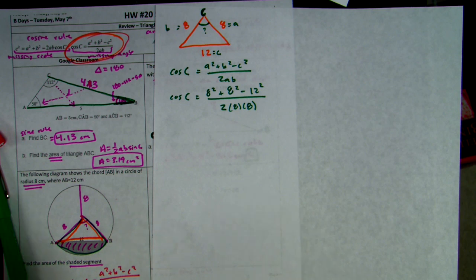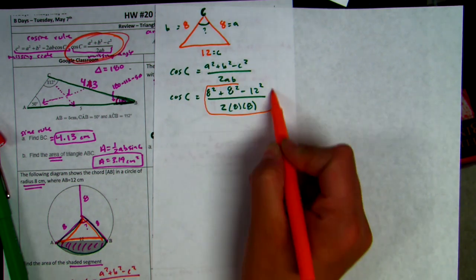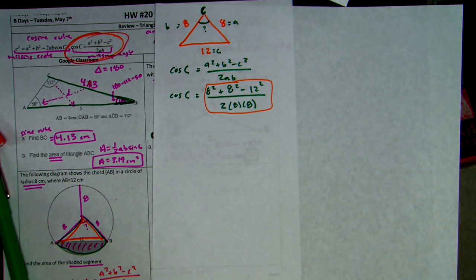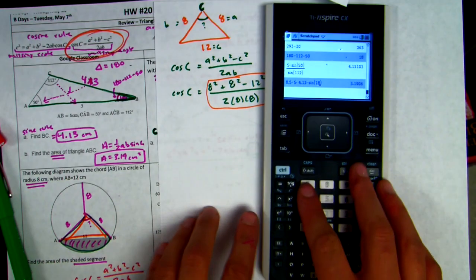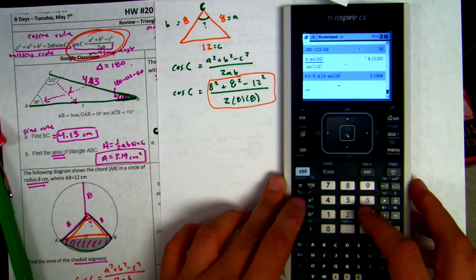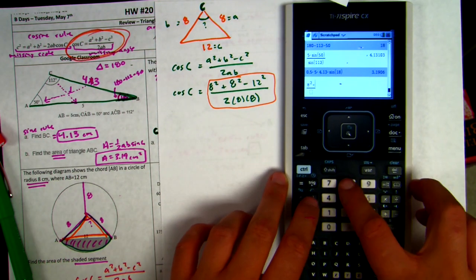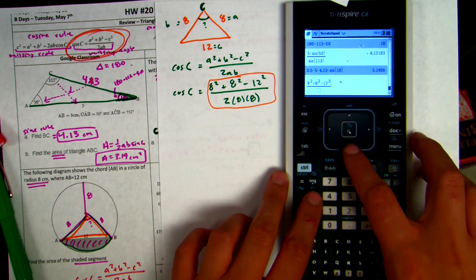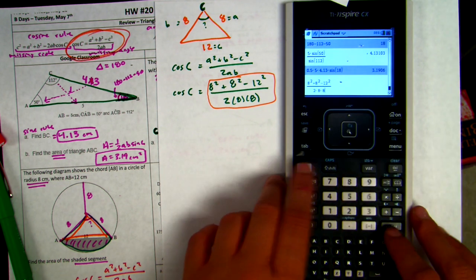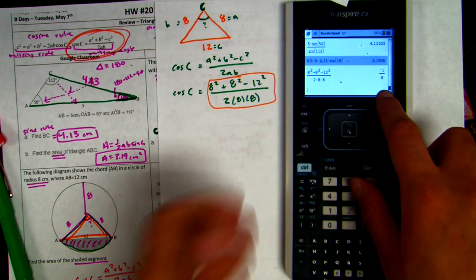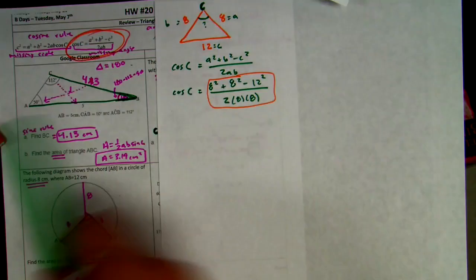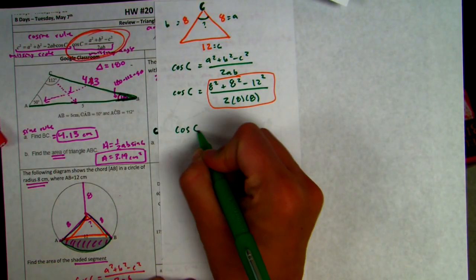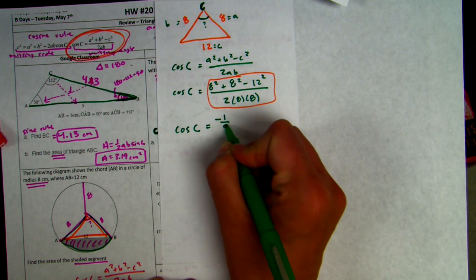I'm going to pop this whole side of the equation into my calculator and see what I get. That gives me negative 1/8. So I have cosine C is equal to negative 1/8.